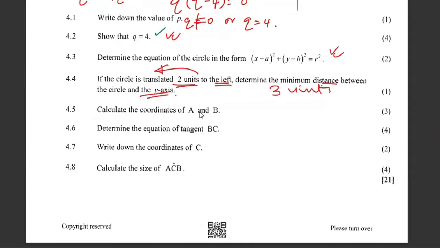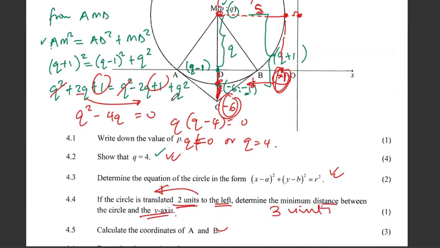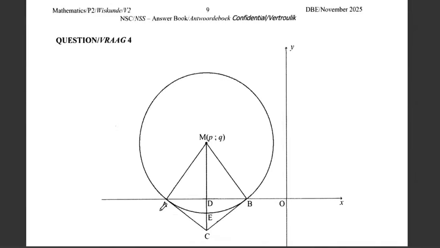And then they want us to get the coordinates of A and B for 4.5. So A and B, we know that those are the x-intercepts, right? So we know that the equation was (x plus 6) squared, and then (y minus 4) squared equals 25. So for x-intercept, y must be 0.